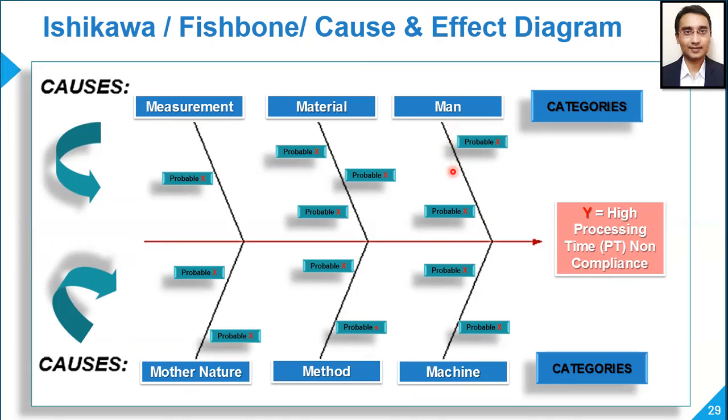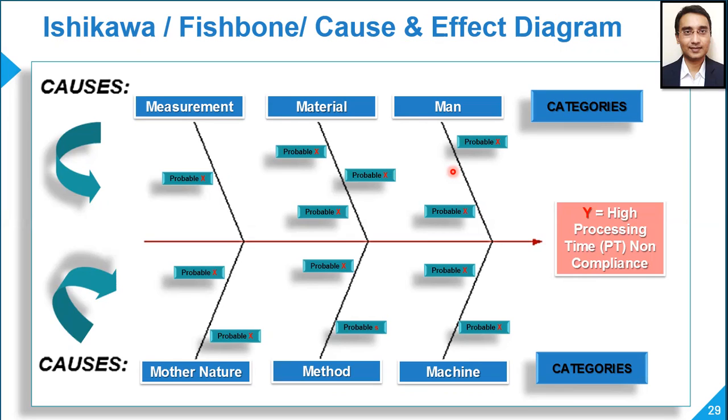So try to imagine you're sitting with the operations team. There is a whiteboard. On the whiteboard, you draw this fishbone diagram, and you start discussing the different probable causes. The team discusses and comes up with causes. Then imagine they come up with the first cause. The next question you need to ask is, under which category does it fit?